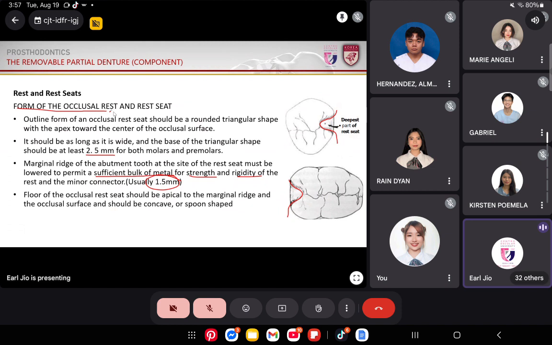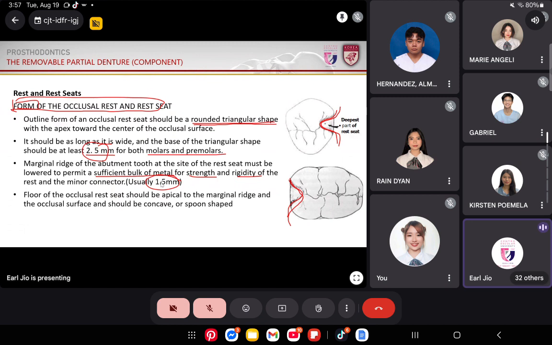Form of occlusal rest. The outline of occlusal rest should be rounded triangular in shape. It should be as long as it is wide and the base of the triangular shape should be at least 2.5 millimeters for molars and premolars.